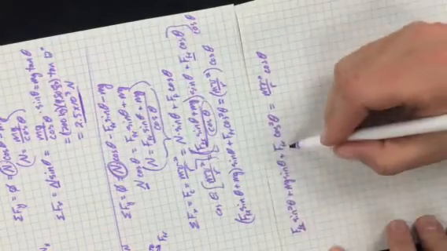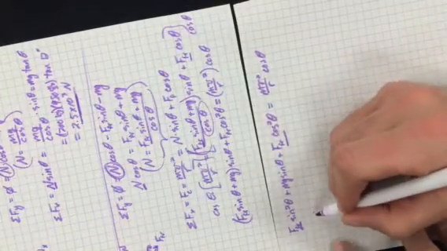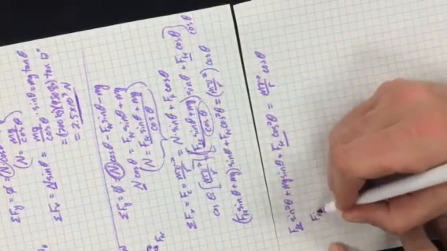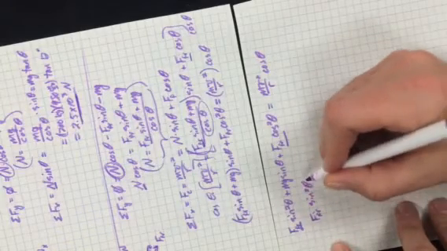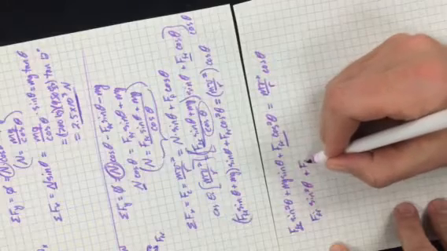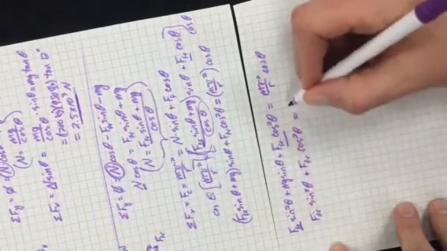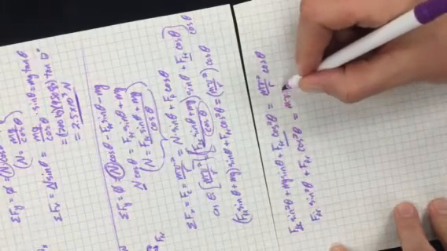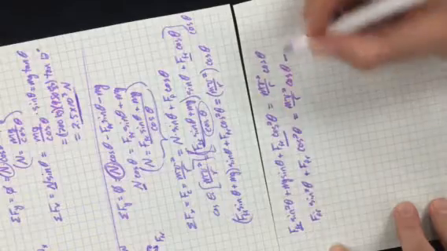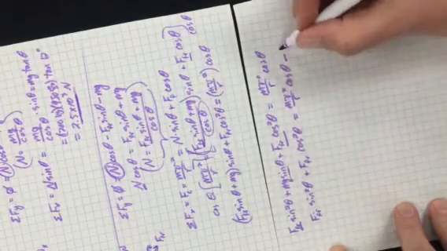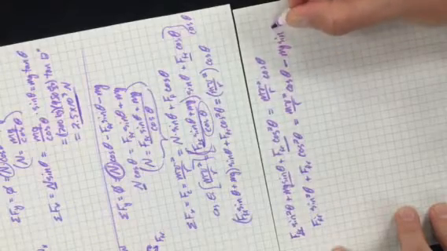Next, I'm going to isolate these terms because they both have the friction force in it that I'm looking for. So I'm going to end up with force of friction times sine squared theta plus force of friction cosine squared theta equals mv squared over r cosine theta minus this term over here that does not have force of friction in it, mg sine theta.